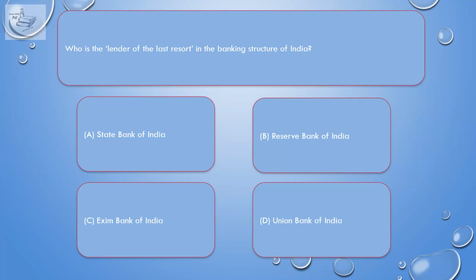Question: Who is the lender of the last resort in the banking structure of India? A. State Bank of India, B. Reserve Bank of India, C. Exim Bank of India, D. Union Bank of India. Correct answer is B. Reserve Bank of India.